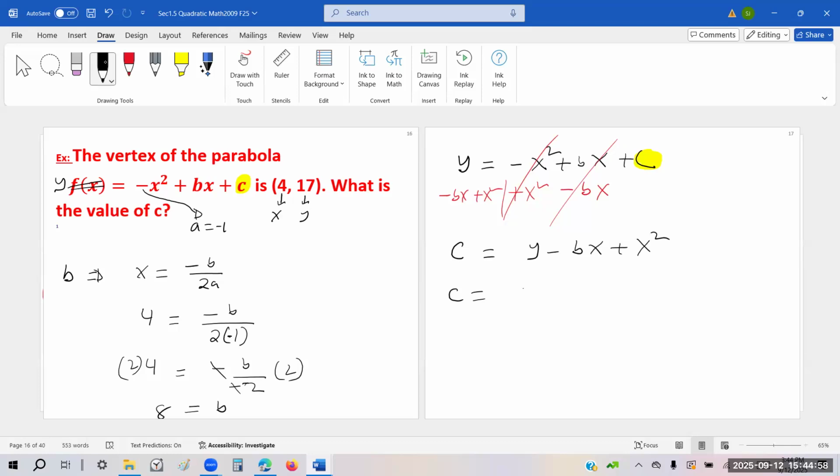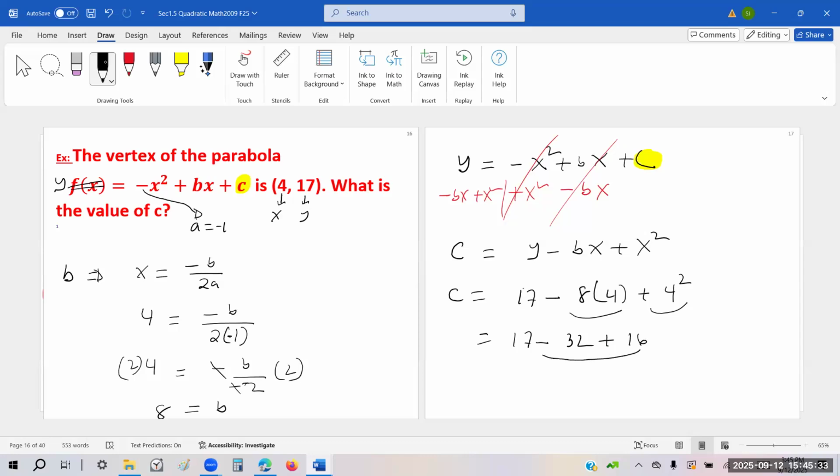I moved everything from the right to the left. You don't have to do that, but I moved it because we can easily solve for c here. So how much is the y? 17. How much is the b? Positive 8, right? And how much is the x? 4. And we have 4 squared. So we have 17 minus 32 plus 16.